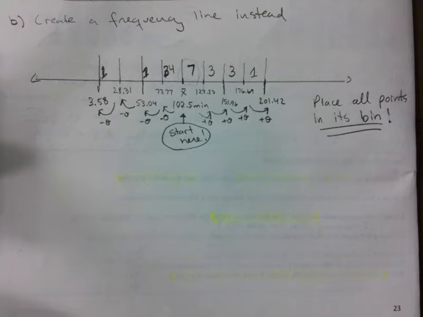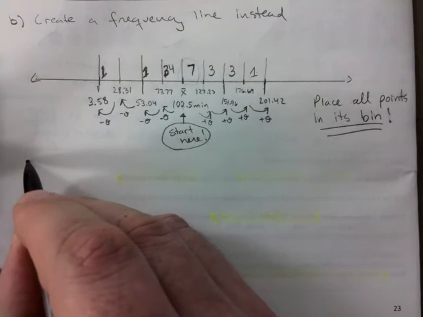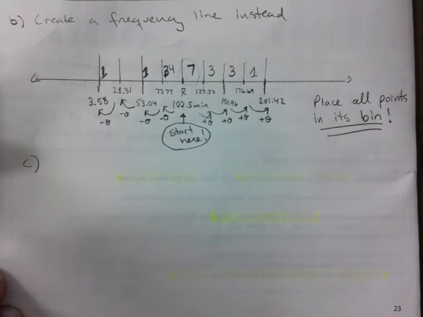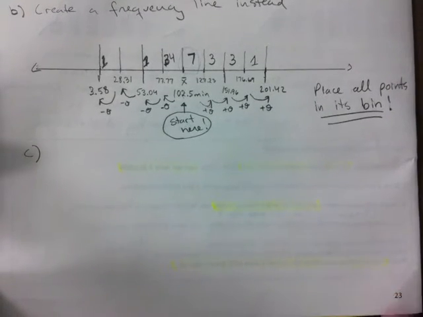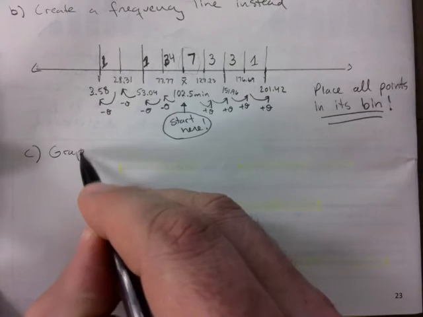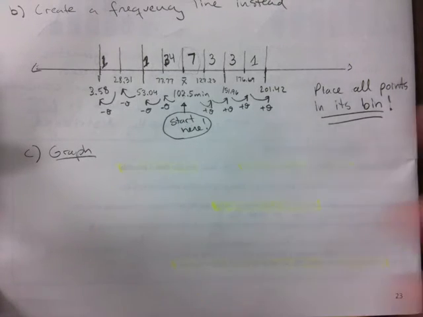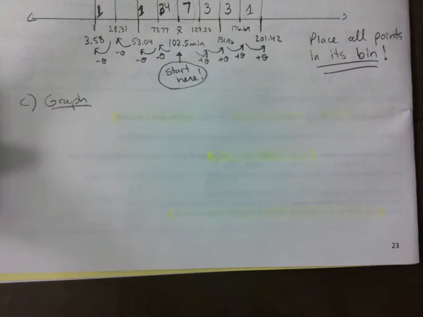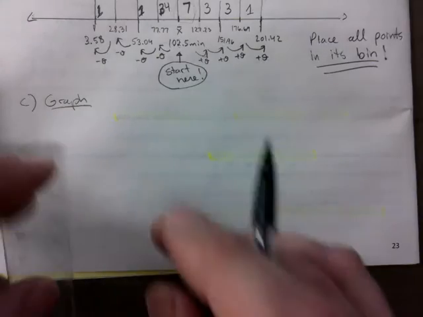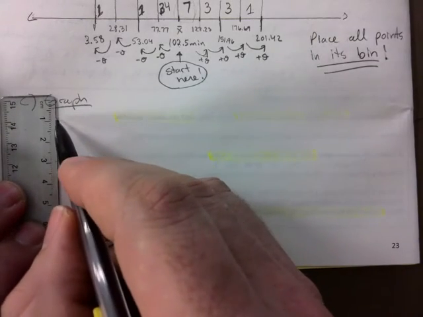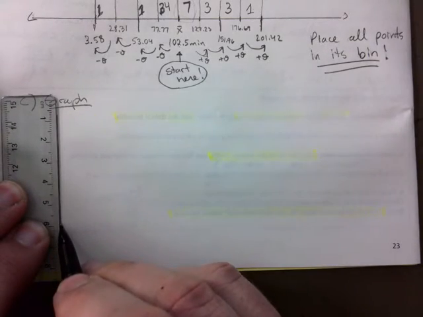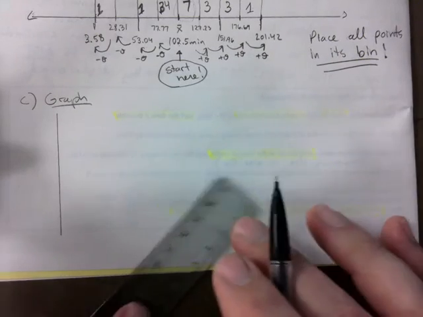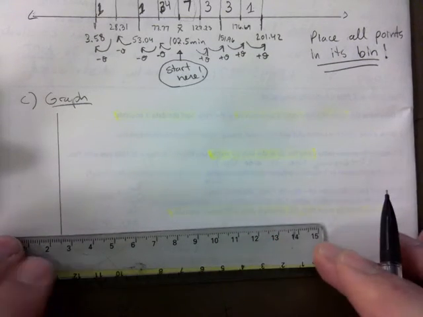And now we're going to graph. I'm going to go histogram because you can always make a frequency polygon afterwards. So grab your ruler and just make one of these.